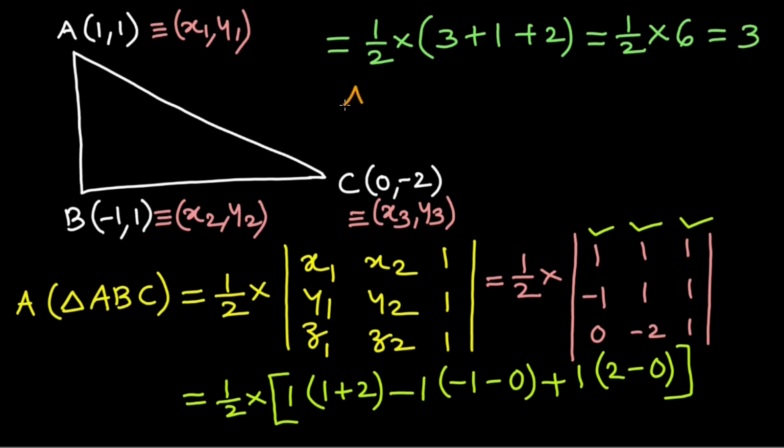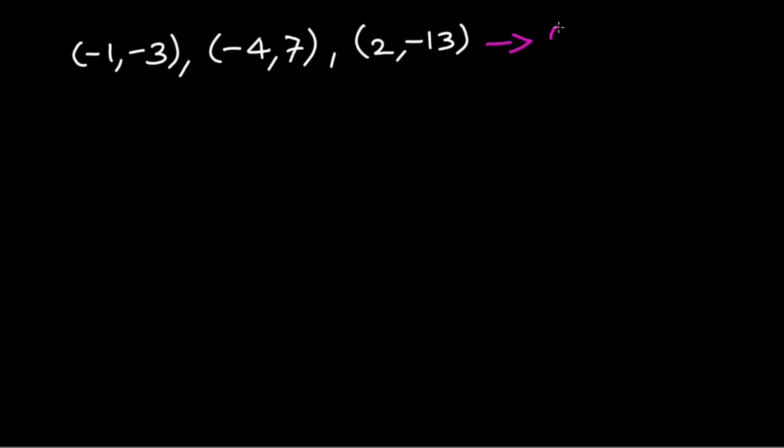So area of triangle ABC by determinant method will be 3 square units. We have to show that the points (-1, -3), (-4, 7) and (2, -13) are collinear.